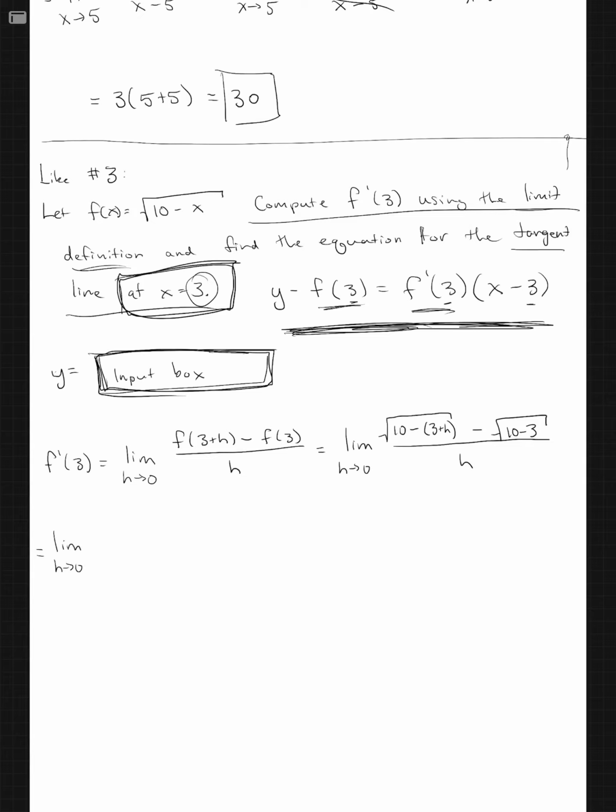So if we do our basic simplification here, we get the square root of 7 minus h, note, because this negative has to go to both pieces here. Right? Minus the square root of 7 all over h.